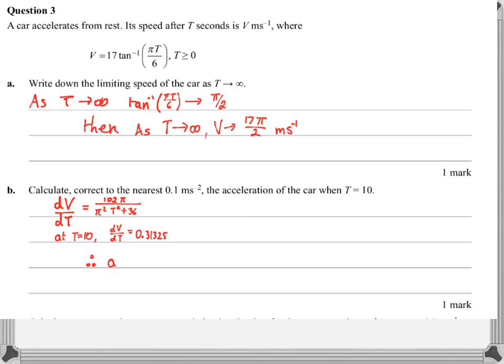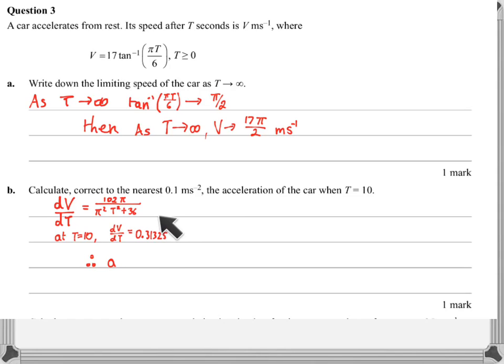Where we have t squared, replace that t with 10. In the denominator you'll have pi squared multiplied by 100 plus 36, and we obtain this amount.